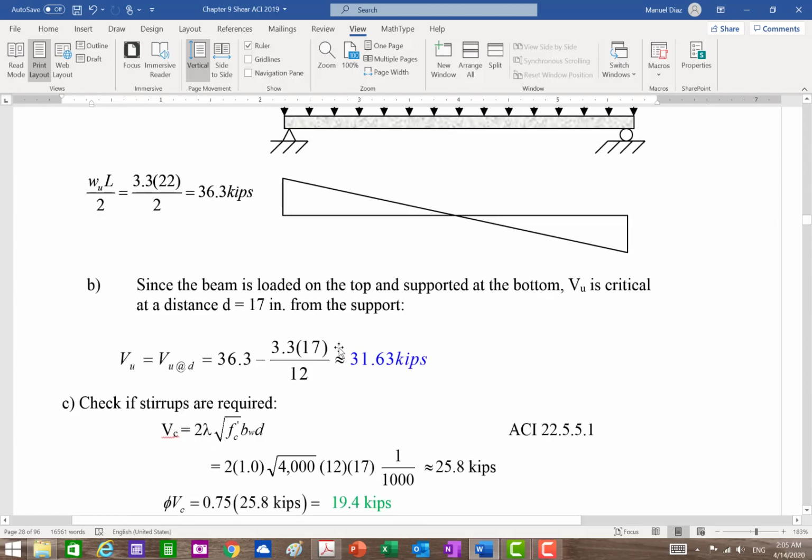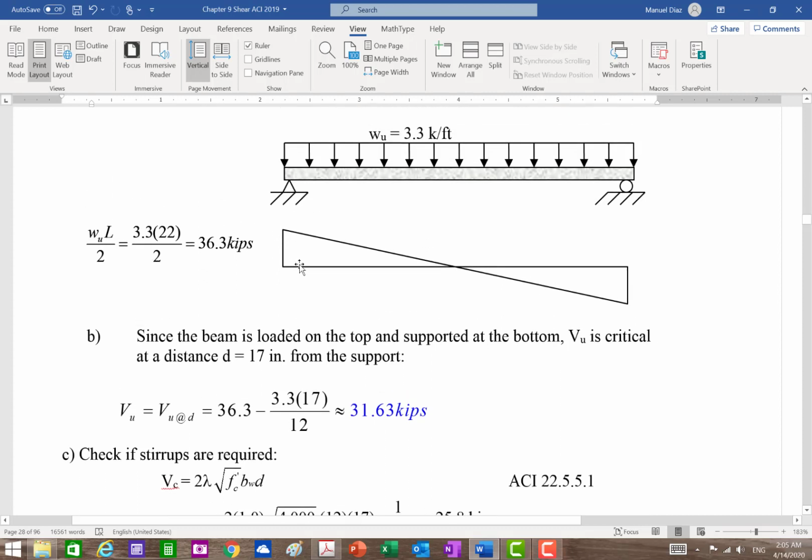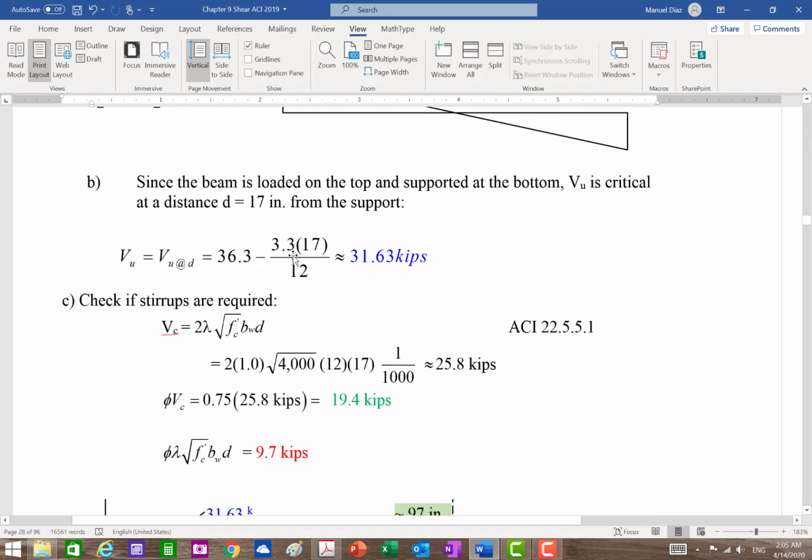So careful. What we need is the shear at the distance d. So what I do is I'm going to take my reaction and subtract the load multiplied by the distance d. So 36.3 minus my load times the distance d, change it to feet. And this is the shear I'm going to design for. You can round it to 32. Okay, that would be fine.